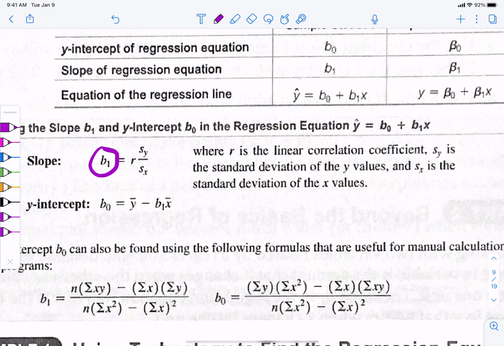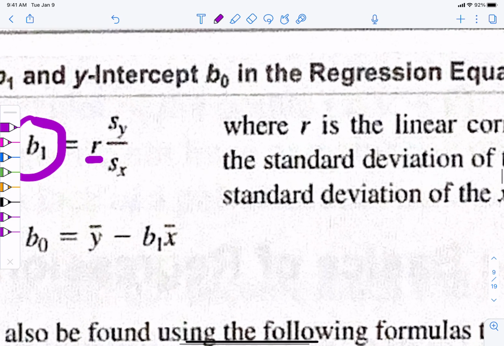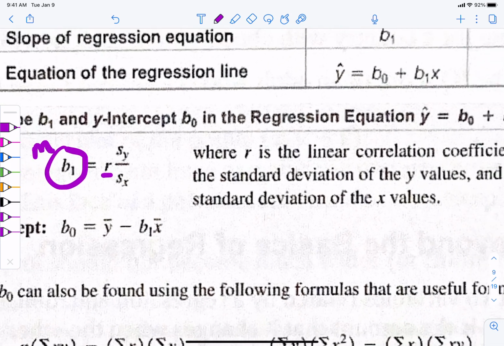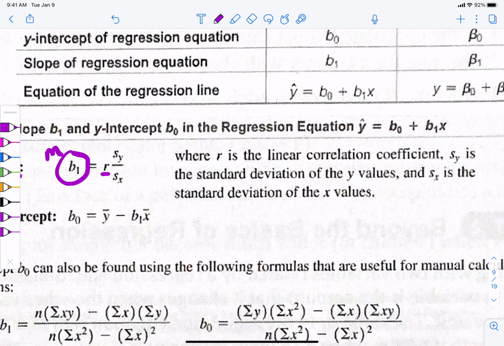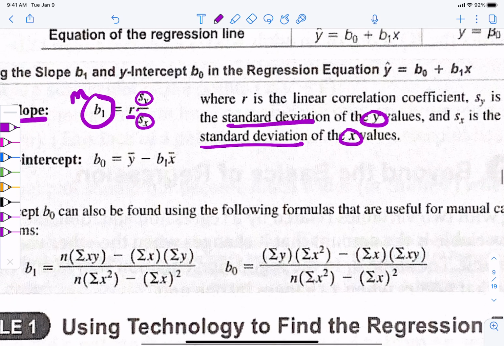Your B1, which is your m, which is the slope, is found by taking that r value, whatever your r value is, and the computer system will spit that out, or you can calculate it, and taking that times sy over sx. sy is the standard deviation of all the y values. Not too hard, right? And sx is the standard deviation of all the x values, which you can find. You guys have found the standard deviation before. That will give you your slope. So you take that r times the standard deviation of the y's over the x's.